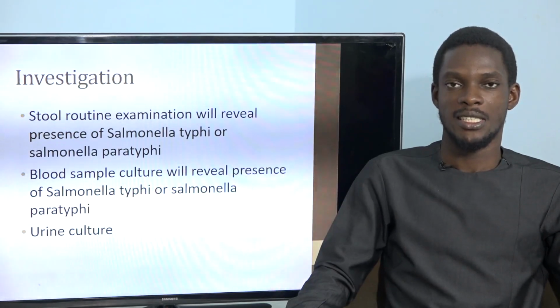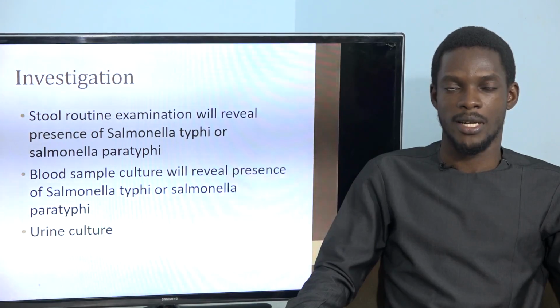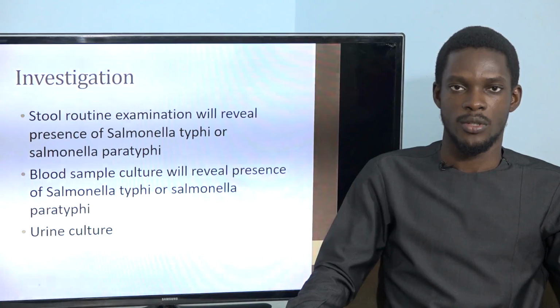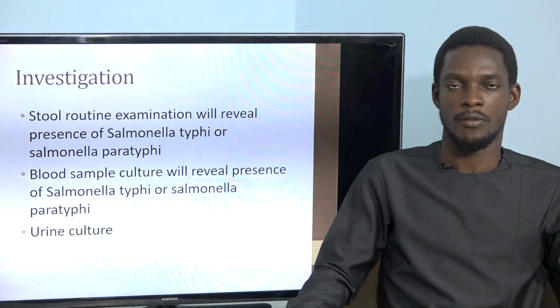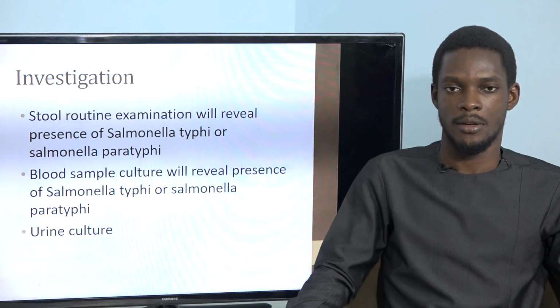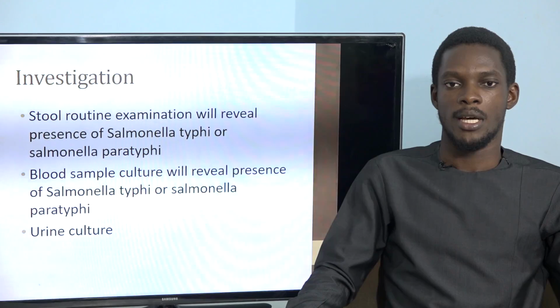For your lab investigations, because this is a bacteria that is affecting the GIT and absorbed in the intestine, and because it is abundant in the urine and in the blood, you should expect to do a stool culture or a stool routine examination, which will reveal the presence of the Salmonella typhi or the Salmonella paratyphi bacterium. You can also do a blood culture to identify these bacteria, and you can do a urine culture.